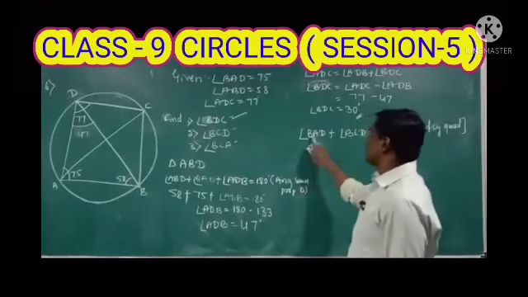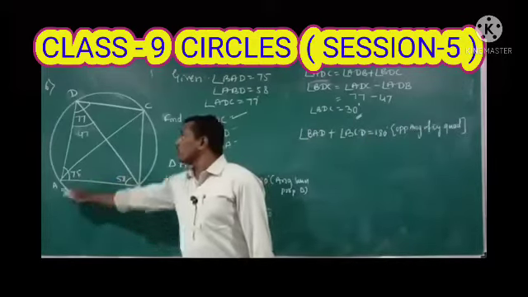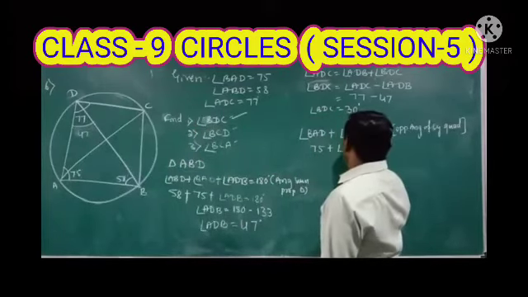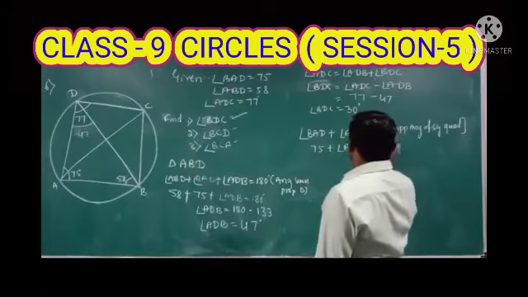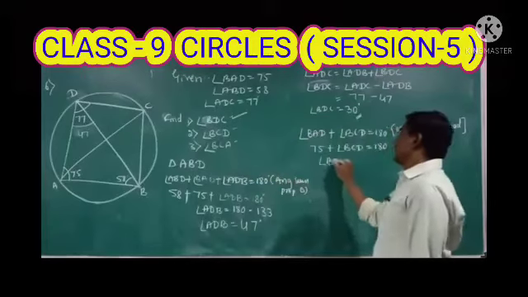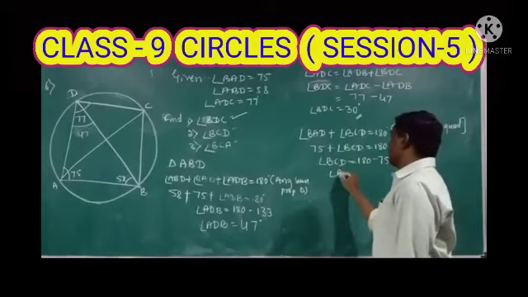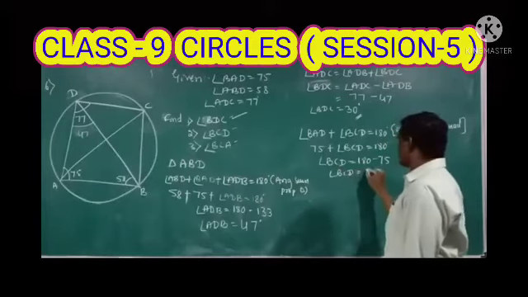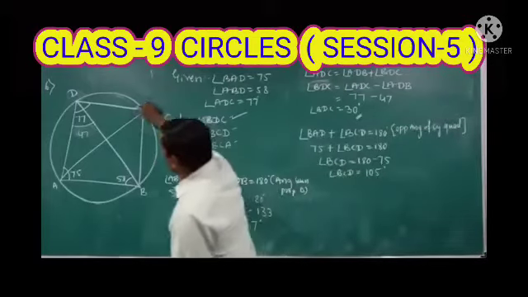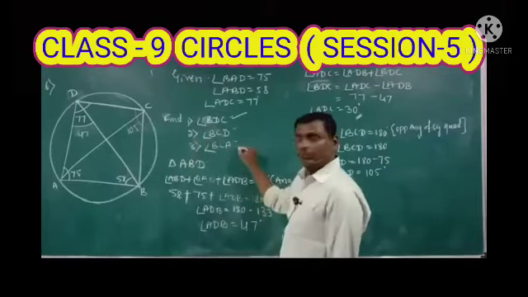We already know that angle BAD is 75, so 75 plus angle BCD is equal to 180 degrees. Therefore angle BCD is 180 minus 75, which is 105 degrees. Third one, BCA.